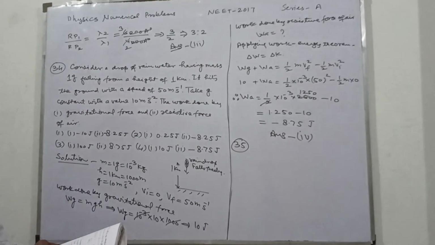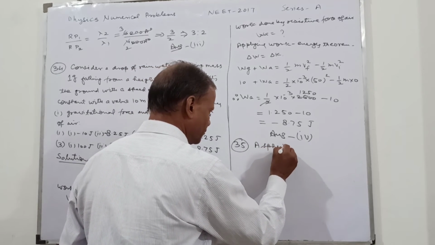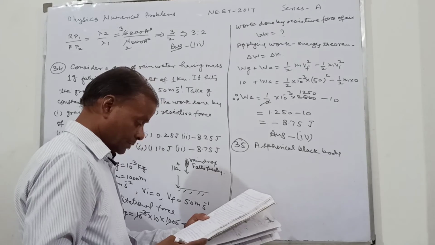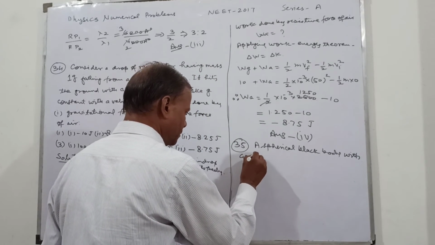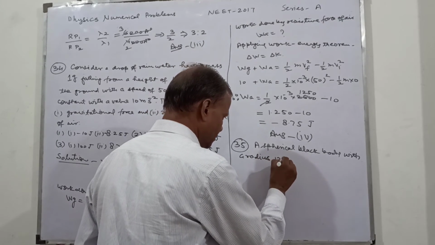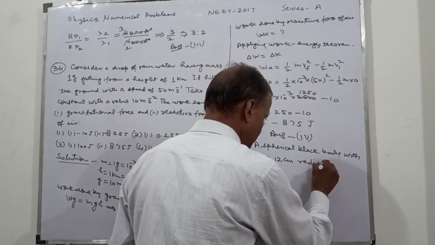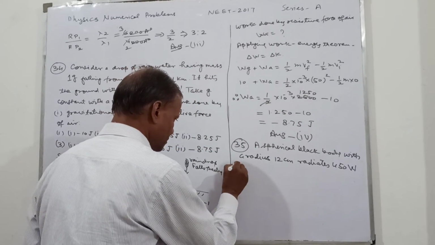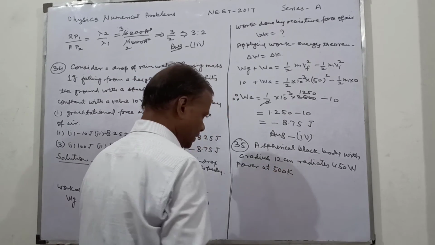Now question number 35. A spherical black body with a radius 12 centimeter radiates 450 watts power at 500 Kelvin.